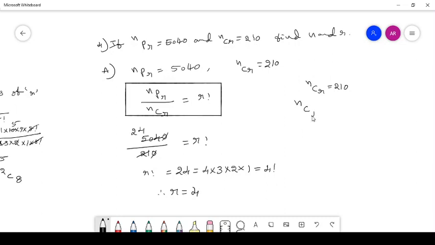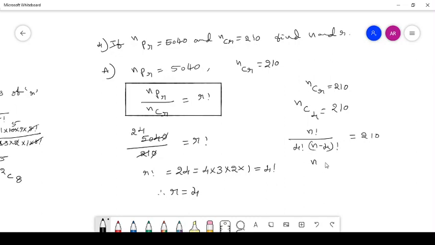So nC4 is equal to 210. nC4 can be written using the nCr formula. nCr is nothing but n factorial by r factorial into (n minus r) factorial. So n factorial by 4 factorial into (n minus 4) factorial is equal to 210.